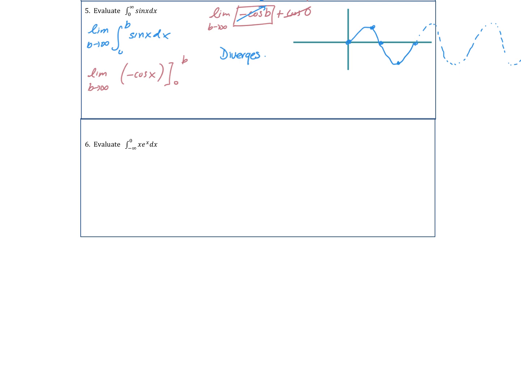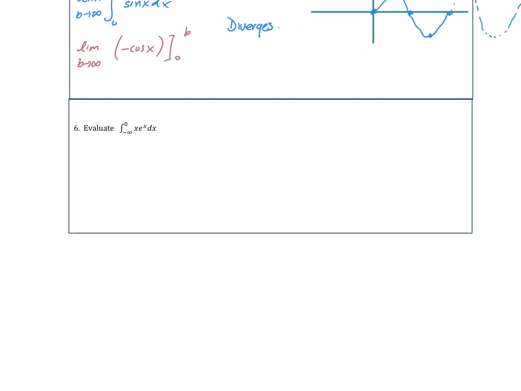So 6 is an integration by parts. So let's go ahead and refresh how we do that. We have polynomial exponential, so I'm going to let u be x. So du is dx. dv is everything else, so it's e to the x dx, and then v is e to the x.